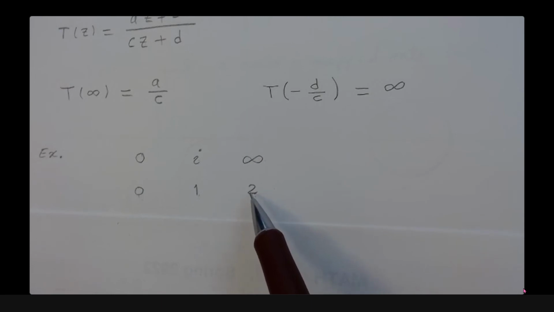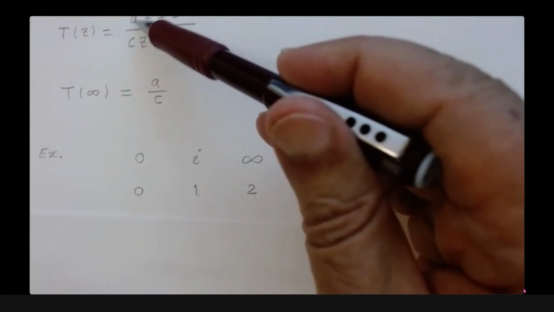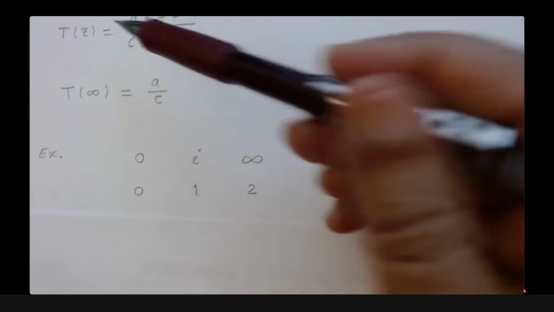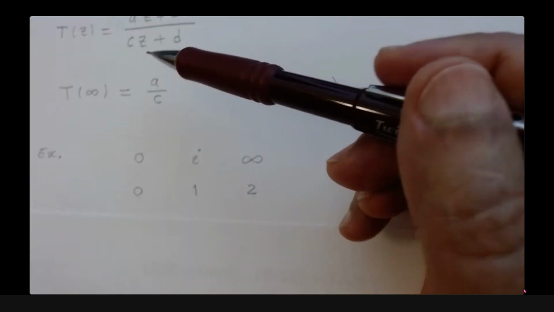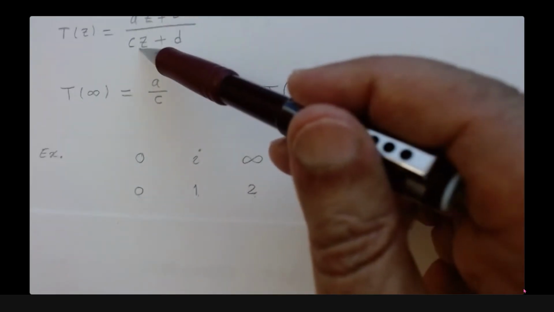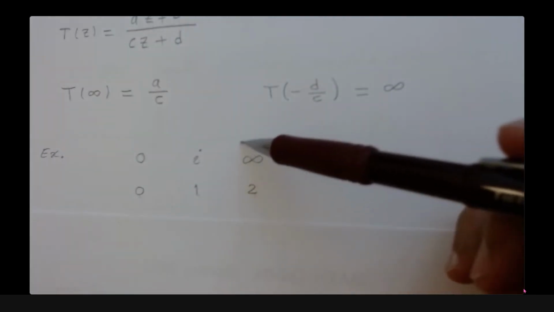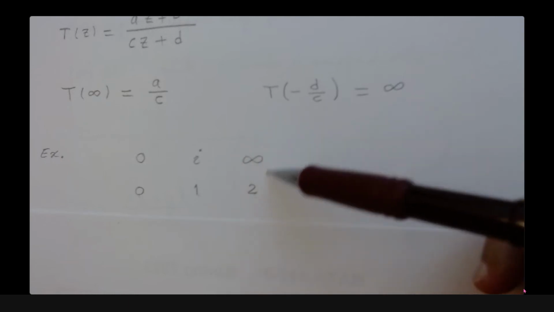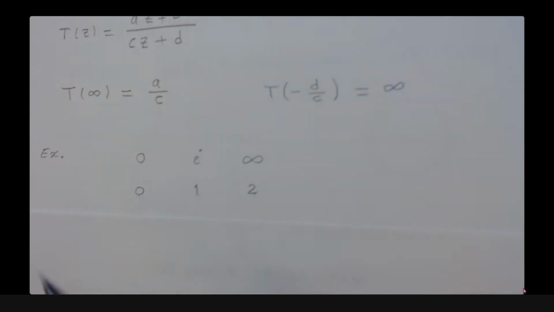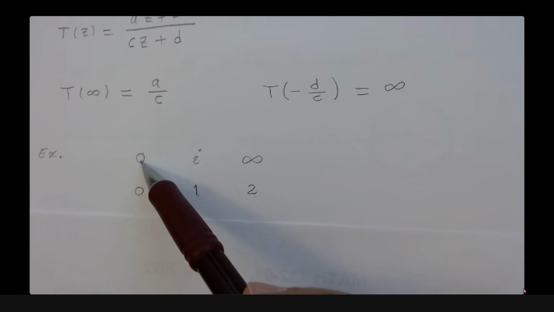Okay? As soon as you say it sends infinity to 2, look, a over c has to be 2. Oh, we can say, well, look, 2z plus b over z plus d. That will do. All right, just this particular one will give us one of those constants. And z equals 0 is going to be 0.